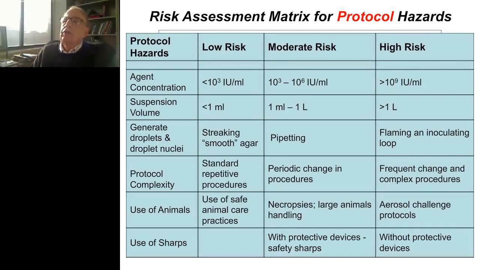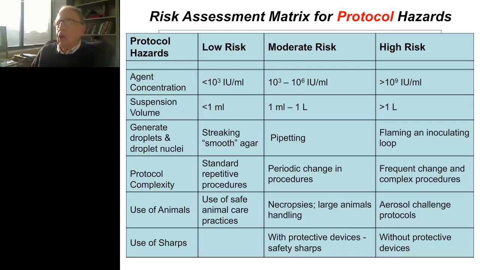So if you're going to create a matrix to look at a protocol-driven hazard assessment, then you're going to look at the agent concentration, the suspension volume, generation of droplets, etc., under protocol hazards. And you can rank that too as low, moderate, or high. This could be depending on the organisms that you typically work with in your laboratory.